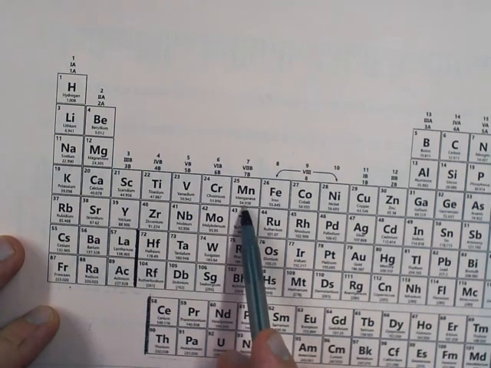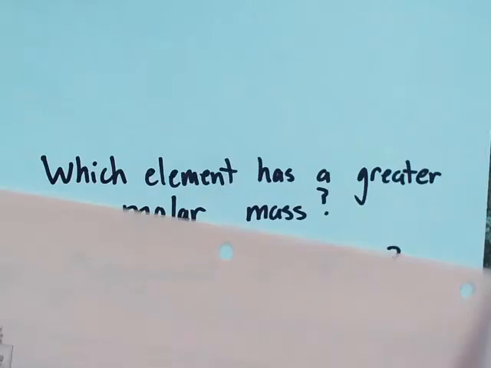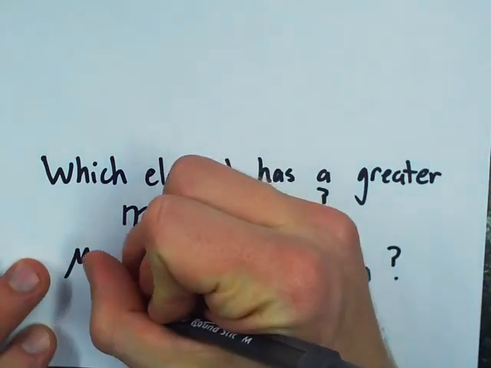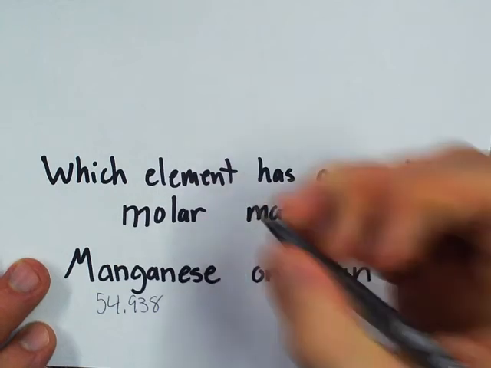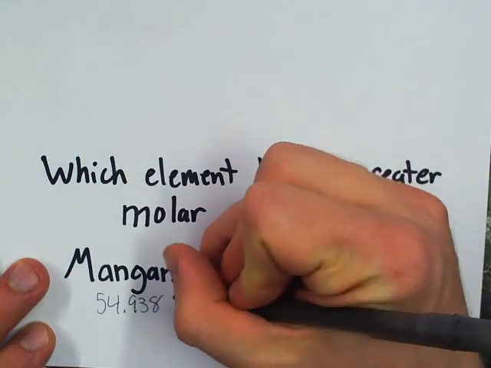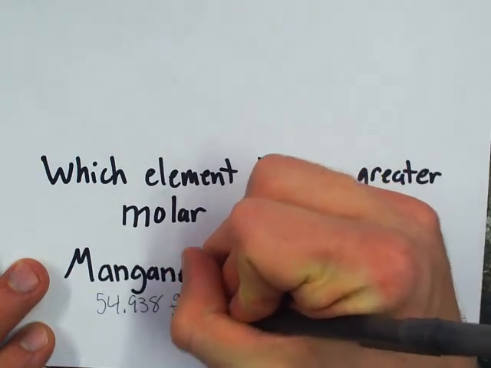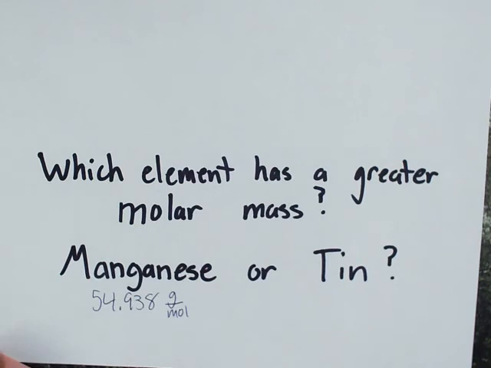It's got a molar mass of 54.938, so we'll write that in. 54.938, and the units on molar mass are grams per mole.